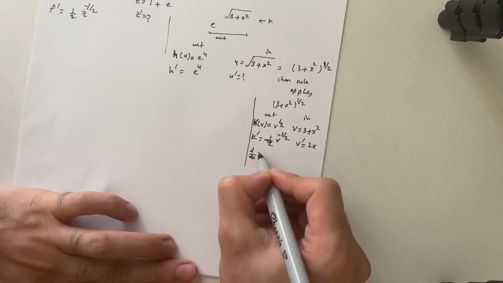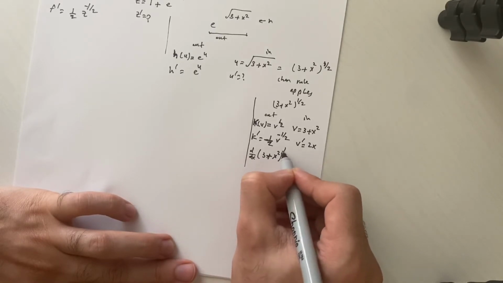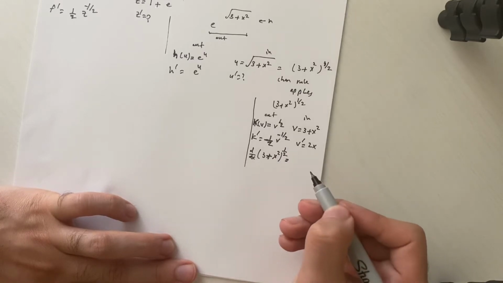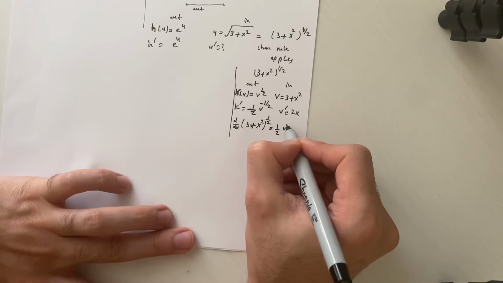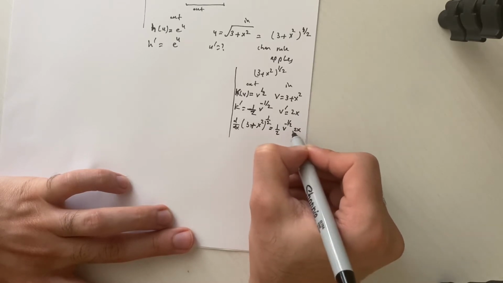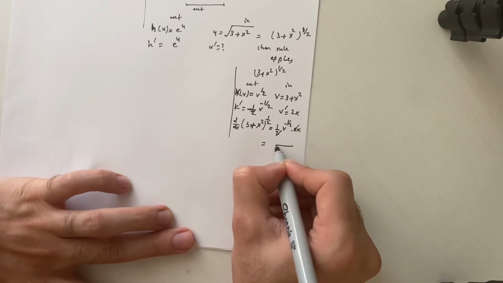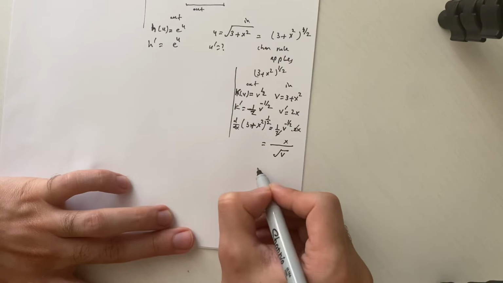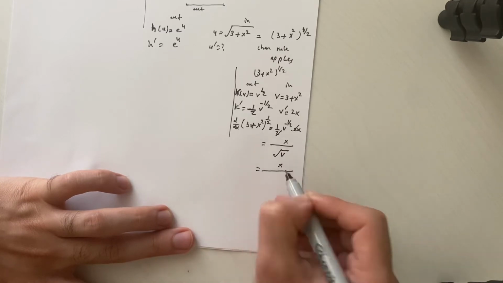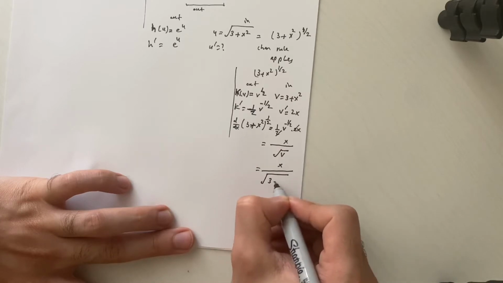And then we are ready to apply the chain rule. So again, we just multiply k prime by v prime. We simplify the two. And then I want to substitute v in terms of x.